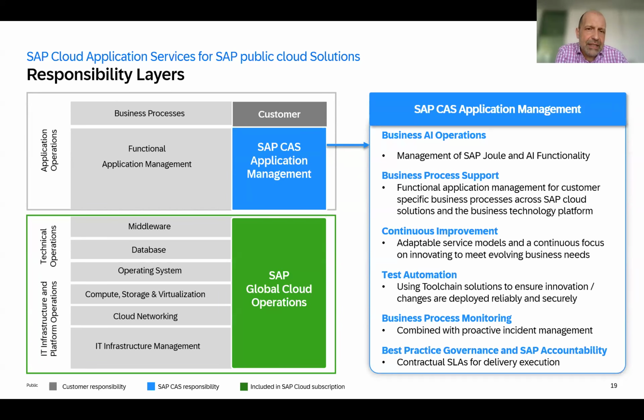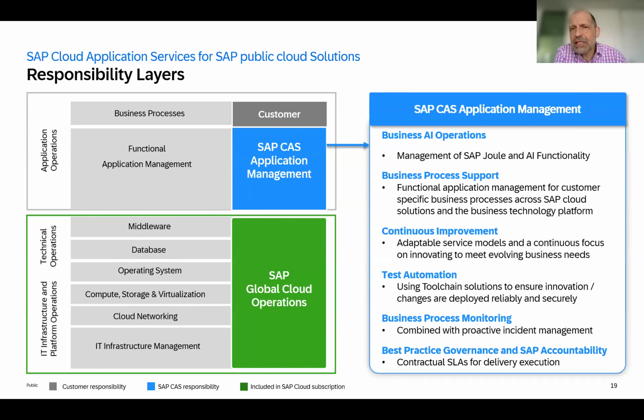That means SAP Global Cloud Operations is taking care of the full technical side, but there is still probably the need to get support in the functional application management. And here again, we have this package called SAP CAS FAM, Functional Application Management, where you can utilize the experts from our side to keep your system maintained from a functional perspective.